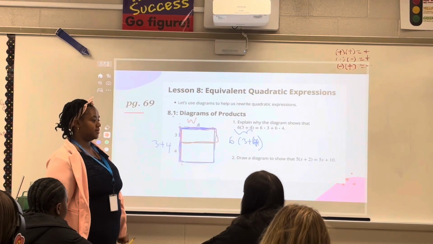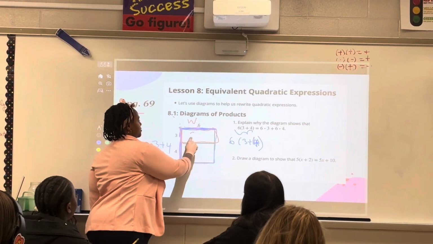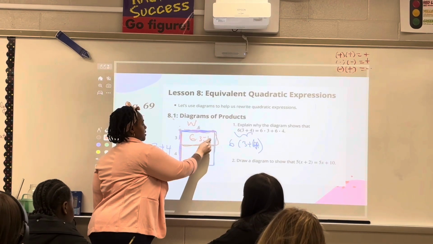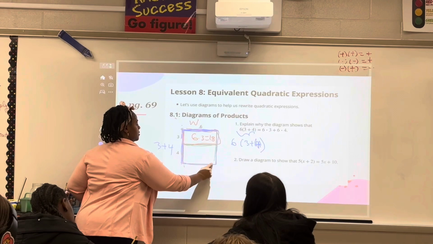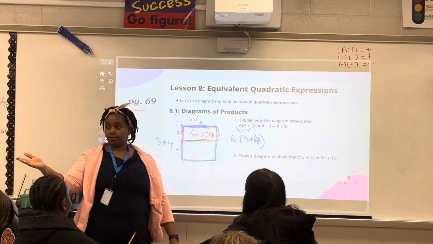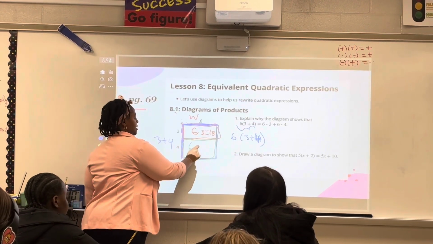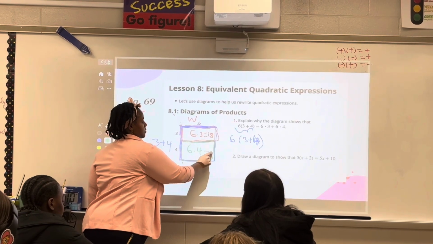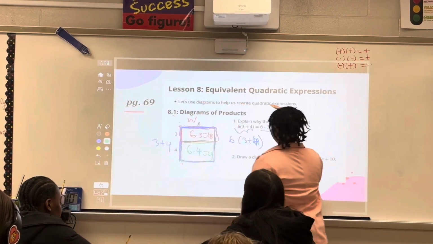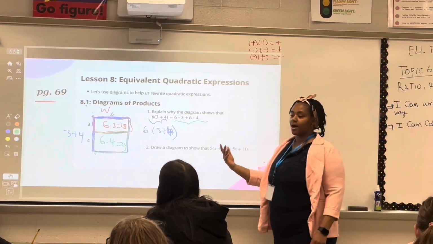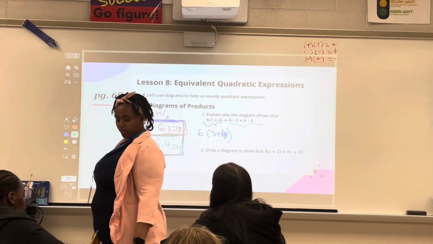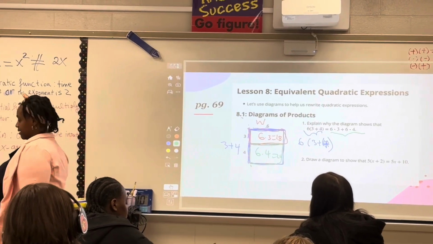How did you get 18? 6 times 3, which is 18. Very good. And what would be the area of this one? 24. Wesley? Okay, so which is 6 times 4. Do you see that expression right here? Okay, so that's one way you could explain that expression.